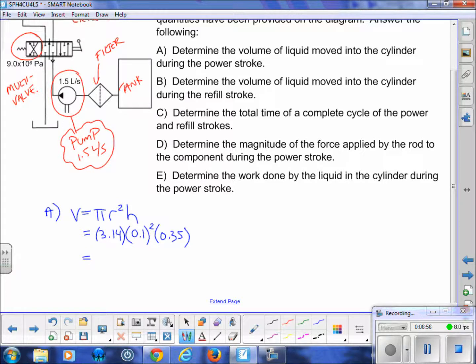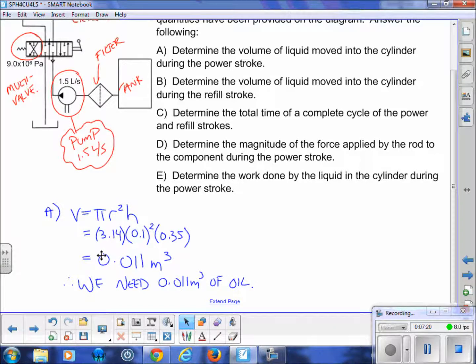So to fully extend the piston, we will need a total of 0.011 cubic meters of fluid or oil. All right, so that's how much we have to make sure is just needed to drive that piston.